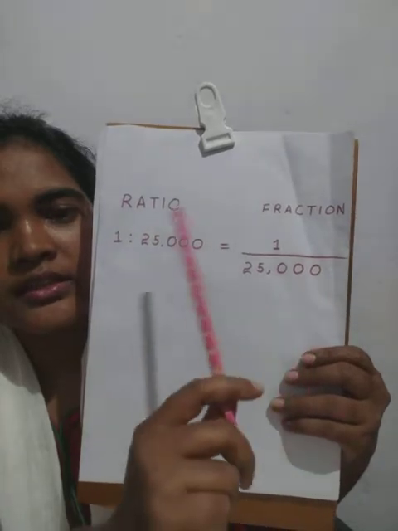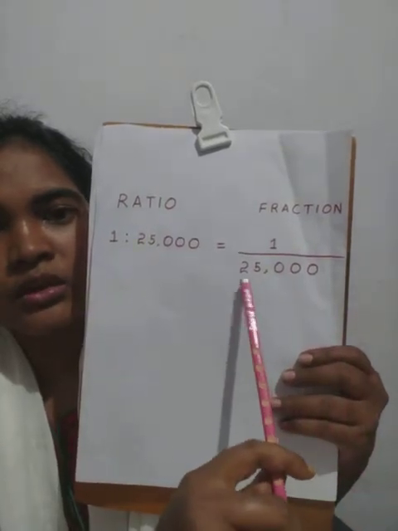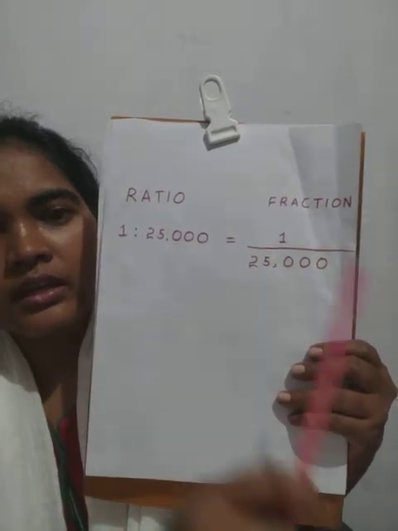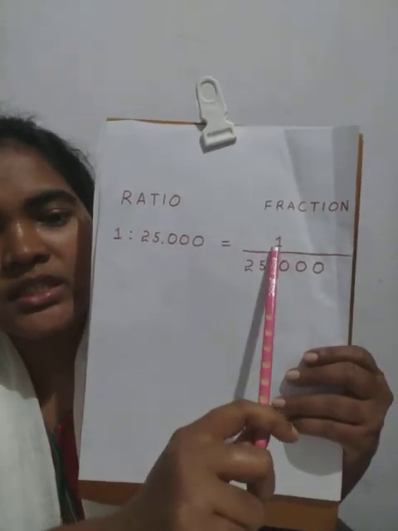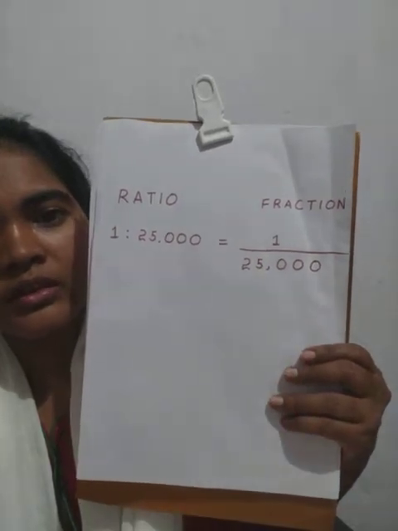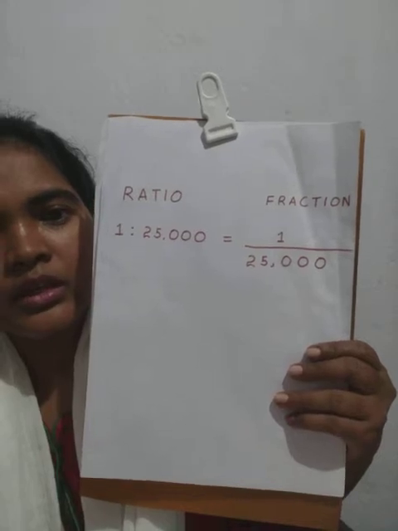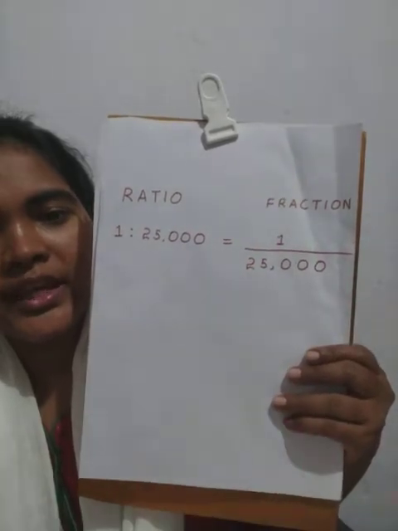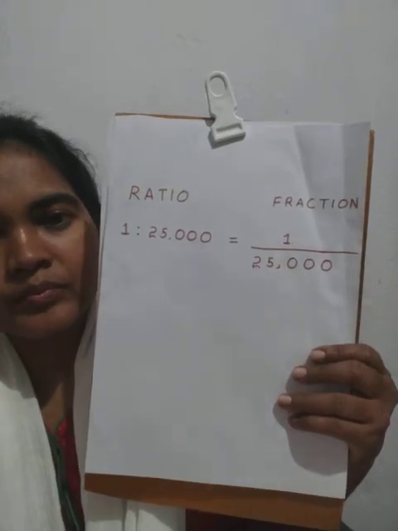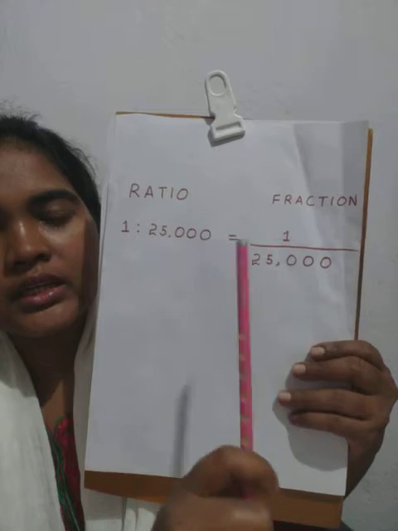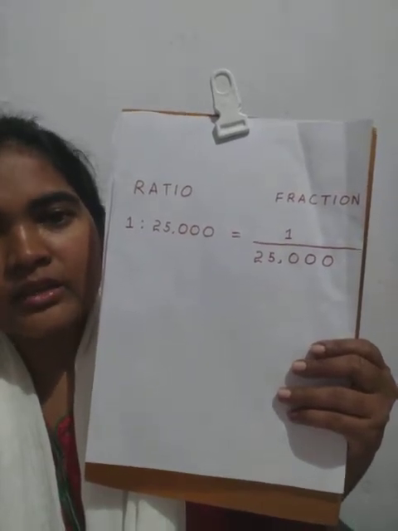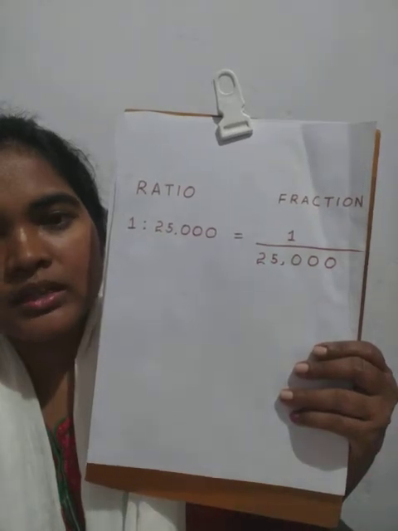In this, as an example, we have taken 1 is to 25,000. It means 1 centimeter on the map equals 25,000 centimeters on the ground. Since it is a ratio, it can be converted to any other unit, and that is why it is universally accepted, and it is more accurate than a verbal scale.